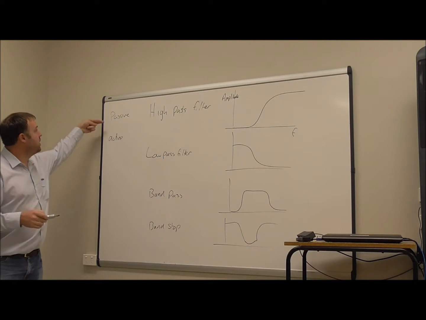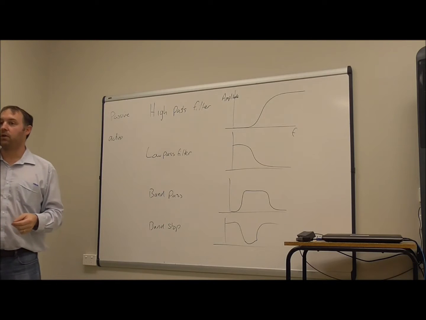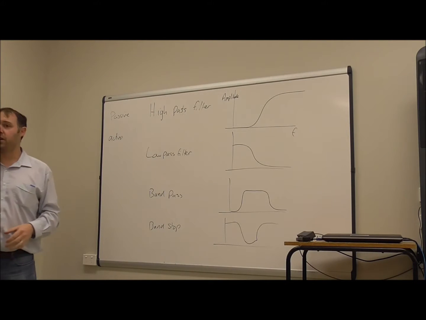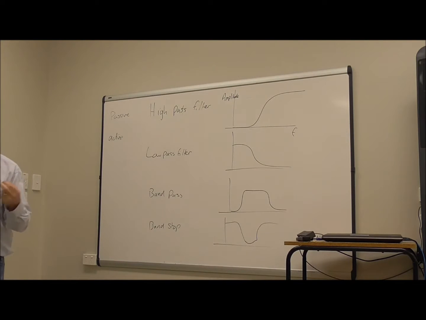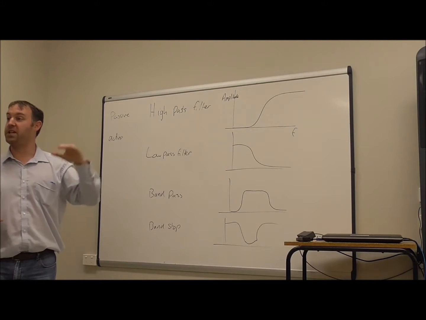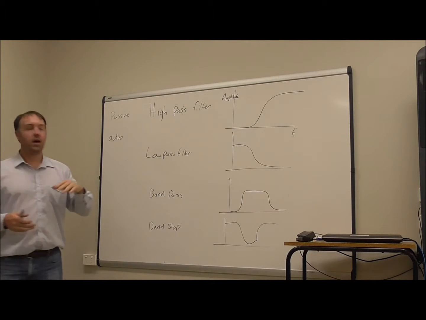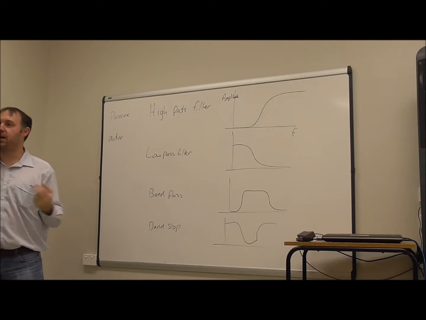The benefits of a passive filter is that they're really small. You only need a handful of components to make them work. You don't need external power supplies, and so it's cheap, it's compact, relatively easy to implement. The downside is that these can only attenuate, so they can only make a signal a bit smaller. We can't make it larger, we can't amplify the signal.